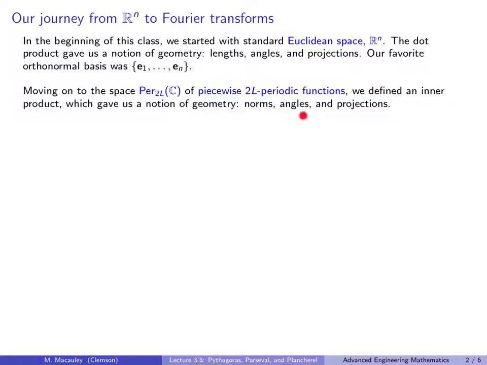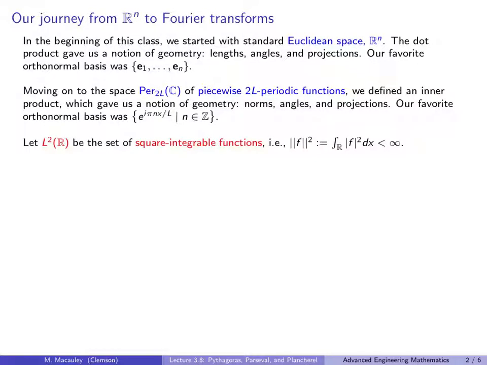We didn't use angles that much, but we certainly used orthogonality, which really is like a right angle. Our favorite orthonormal basis was the infinite set of complex exponentials e to the i pi nx over L, where n ranges over the integers. Well, I say our favorite, it's really my favorite. Maybe you prefer the sines and cosines.